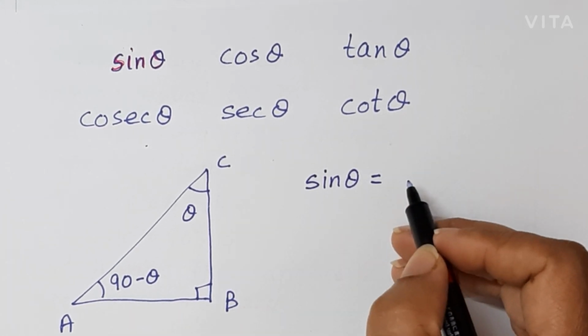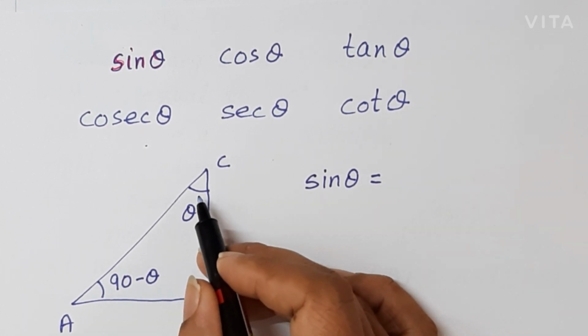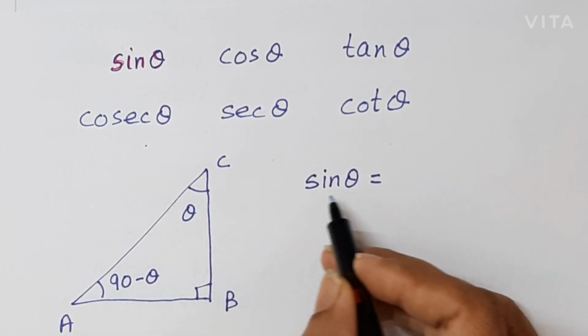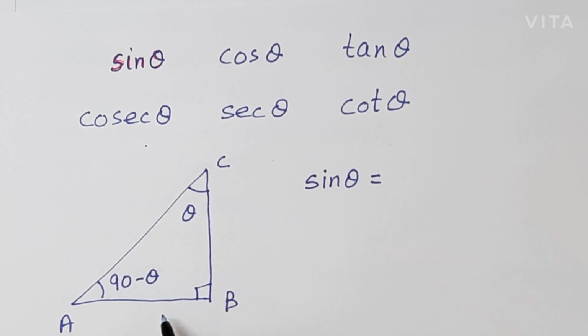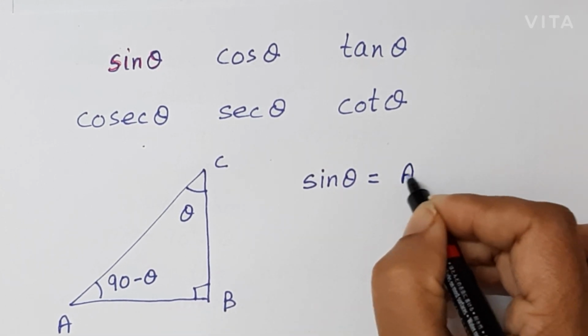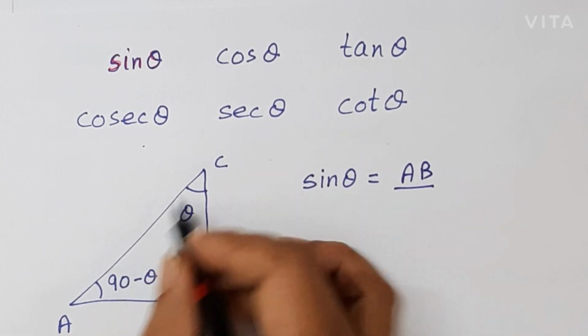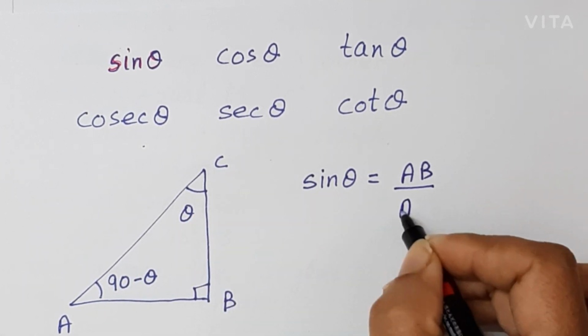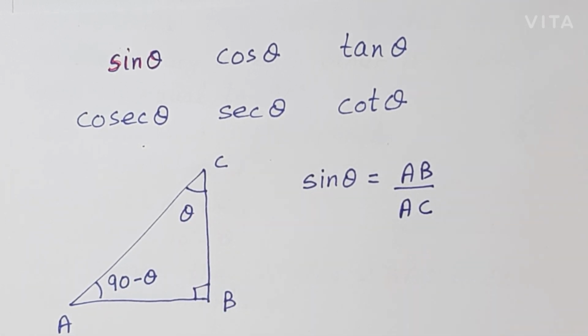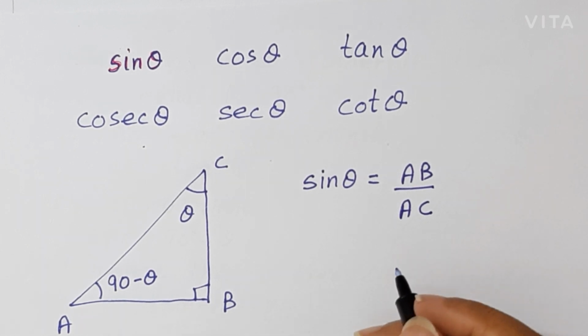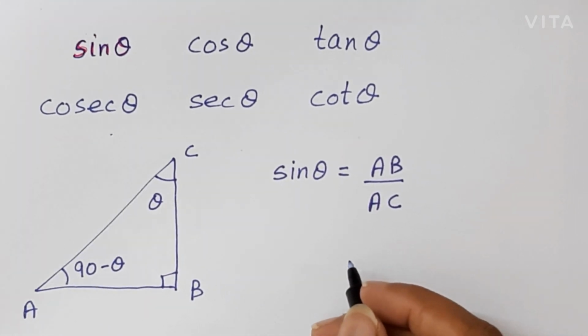Yes, we know that sin theta is always opposite, that is AB, upon hypotenuse, that is AC. Clear?